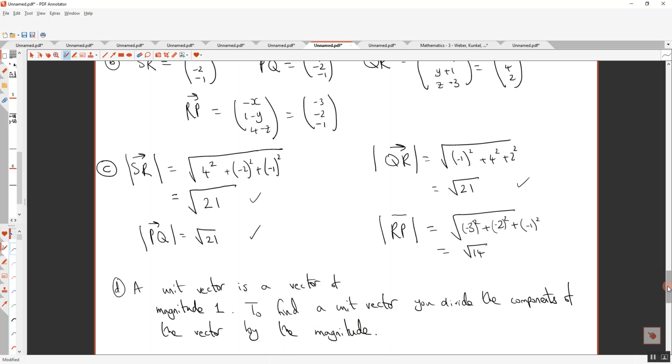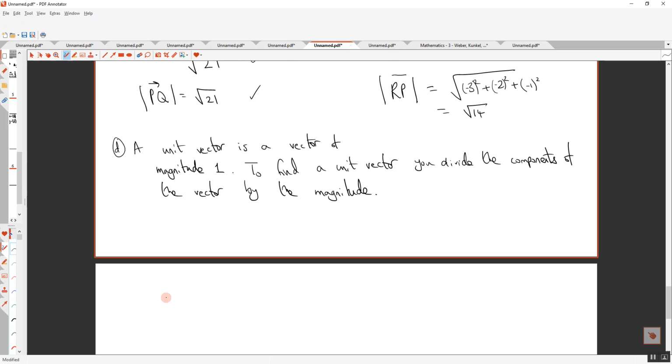So what's happening is you've got your vector. So we'll do part D and we'll look at the vector P to Q. We said the vector of P to Q is 4, -2, -1, okay? And the magnitude of P to Q we worked out is the square root of 21.